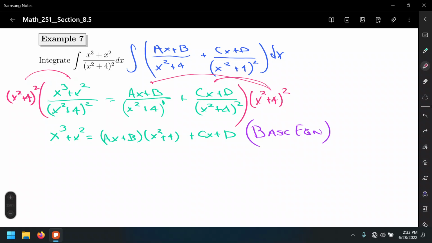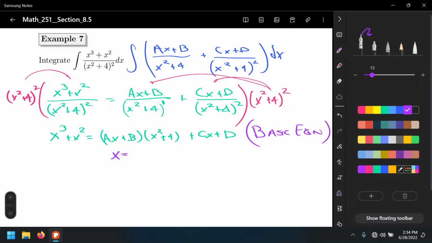Maybe if x equals 0, we can only cancel c. But we will still be left with a bunch of numbers. We would be left with b and we would be left with d. Okay, let me write it down.